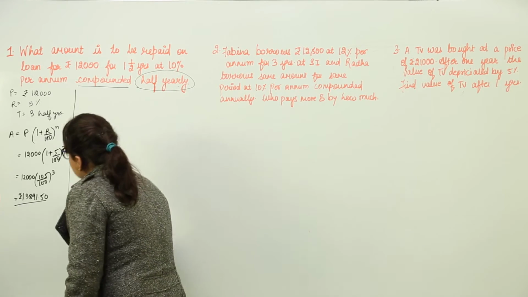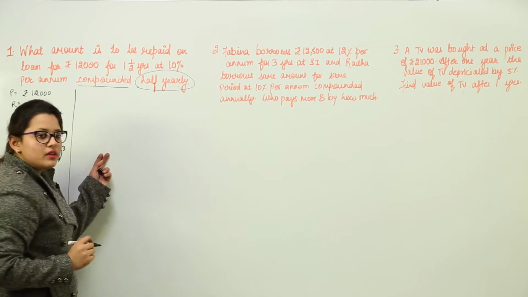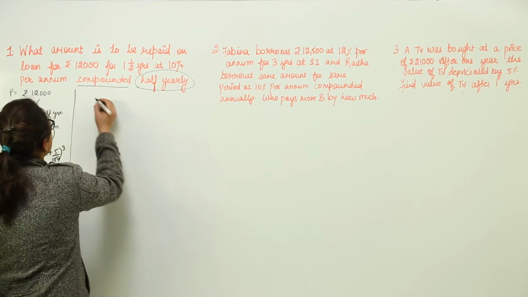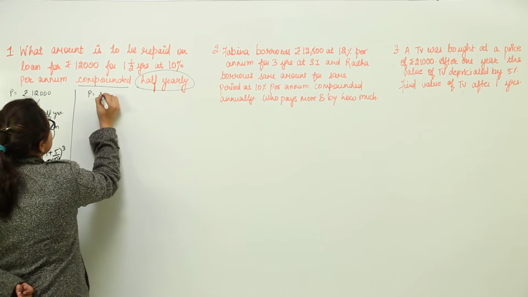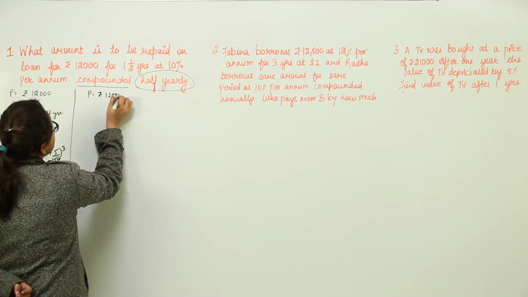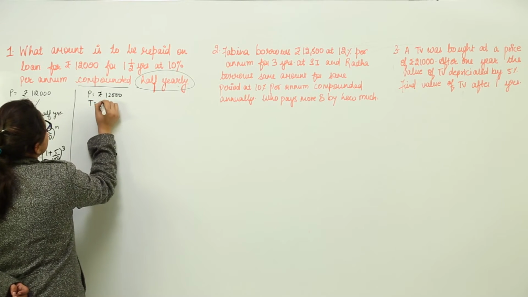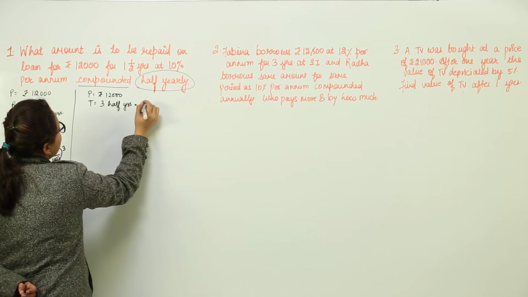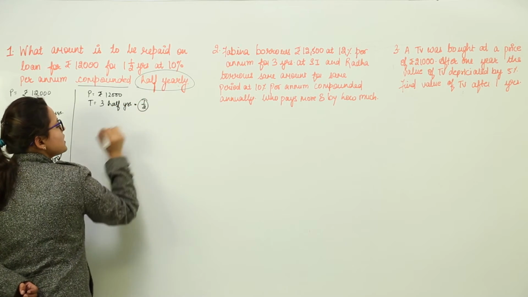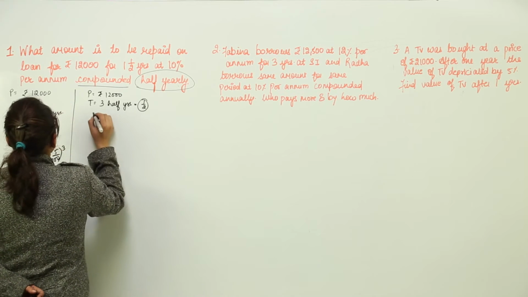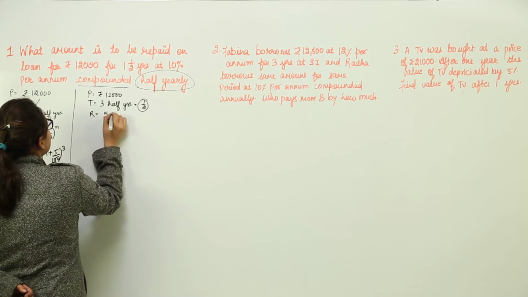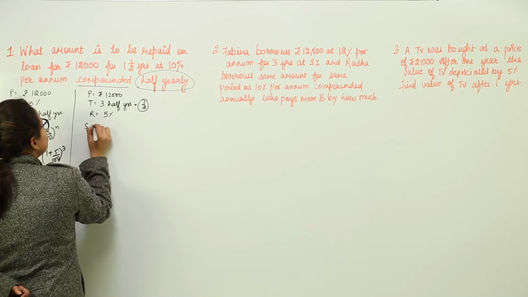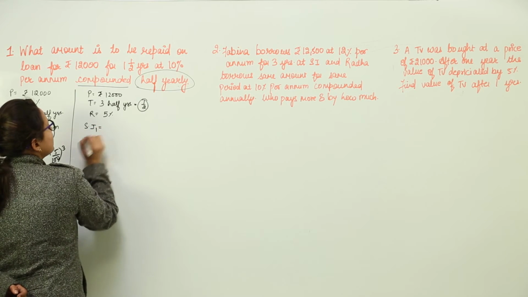But now let us check our answer the other way that we used to solve. First, the principal would remain the same, that is 12,000. The time period is 3 half years, right? So I can write the time period as 1/2 for each case. Now the rate of interest would remain 5%. Let us calculate the simple interest for each year.